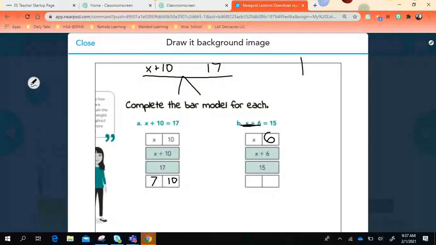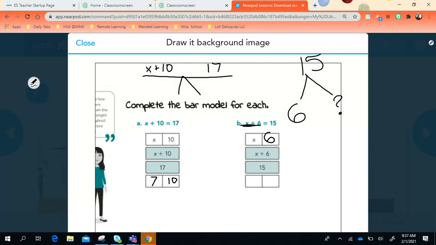So if I'm thinking about it as in decomposing, I know it's 6 and another number give me 15. I got to think about what other number plus 6 gives me 15. So I want you to think about that and write it on your paper.